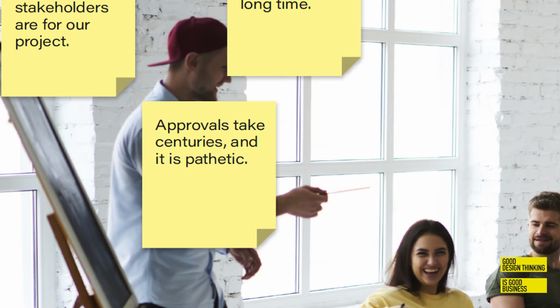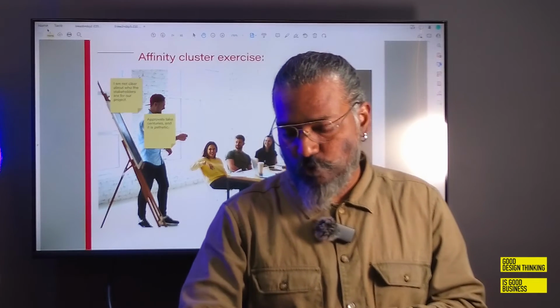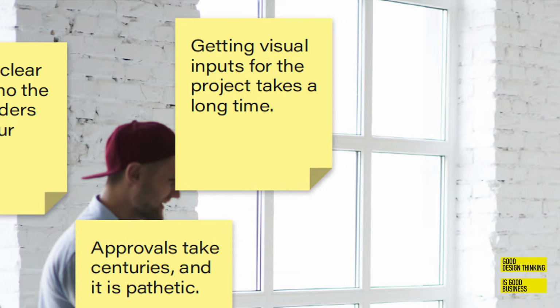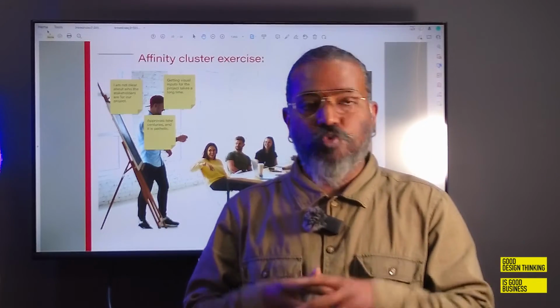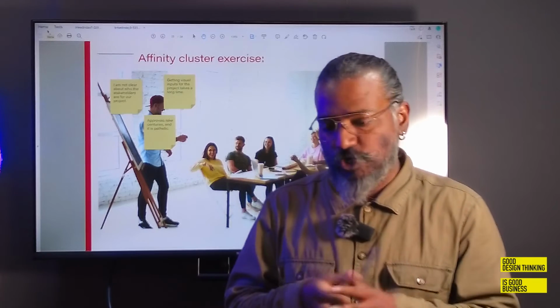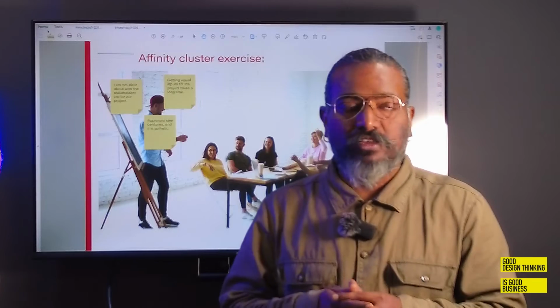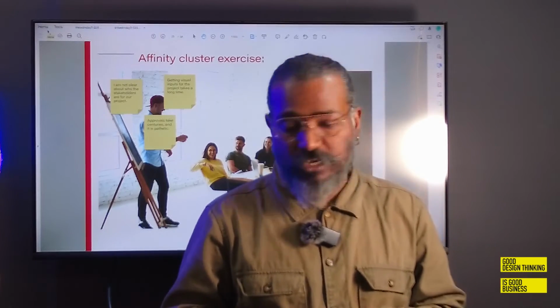Another person said, approval takes centuries. It is pathetic. He's really frustrated, as it consumes a lot of time to get approval. Another says getting visual inputs for the project takes a longer time. Maybe in their content generation they need a lot of visual inputs along with text and video. Generally, visuals are generated by the visual or design team, who take a lot of time to provide the images.